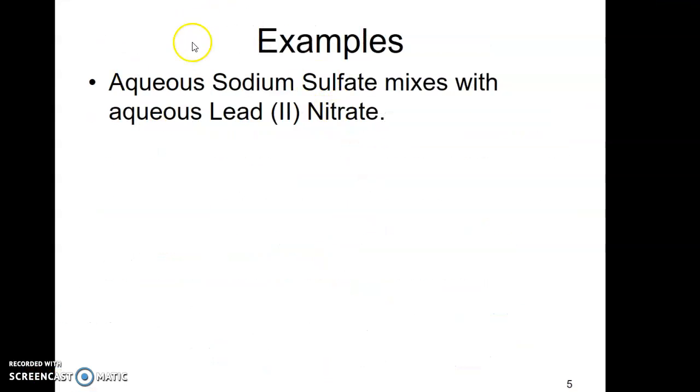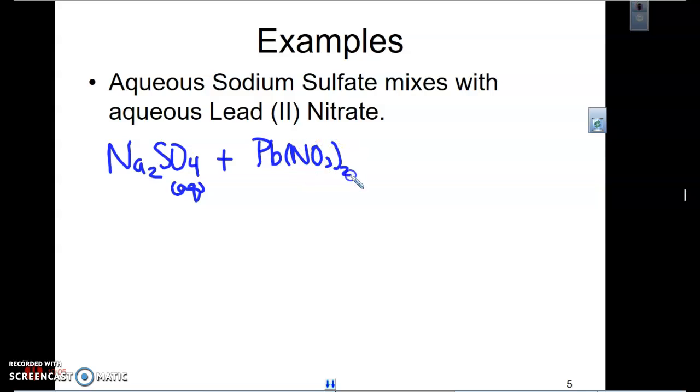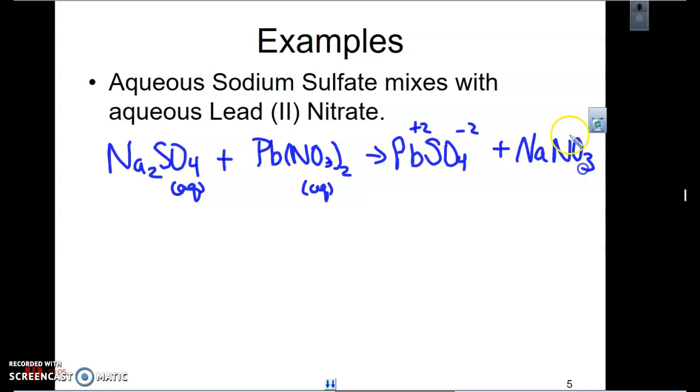All right, so one more example before I end this. I've got sodium sulfate, aqueous, rule 1, mixes with lead 2 nitrate, aqueous, rule 2. Partner switch, lead, which is a +2, is going to get together with sulfate, which is a -2. That's a 0 net charge. And the other possibility, if anything happens, is sodium getting together with nitrate.